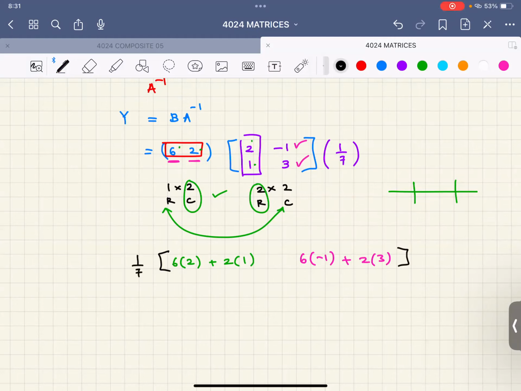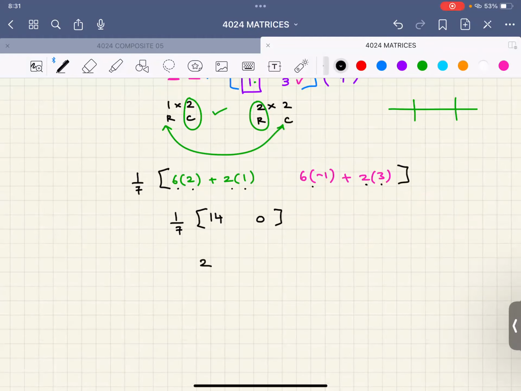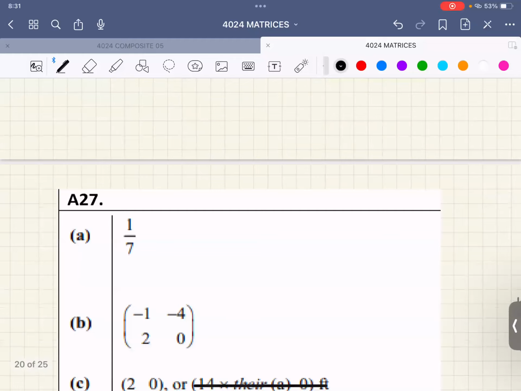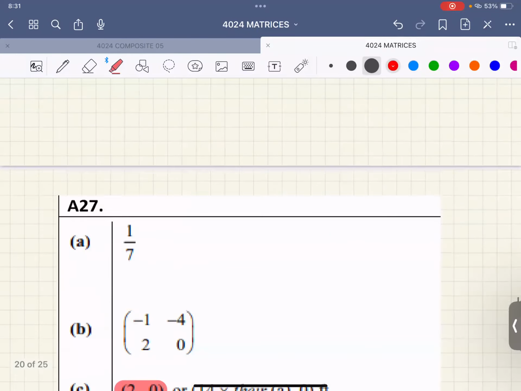I can write it at the front. 6 into 2 is 12, 12 plus 2 is 14. This is 14 and this is 6 minus 6, which is 0. It's 1 over 7, so 1/7 of 14 is 2 and 1/7 of 0 is 0. The answer is 2, 0. This is the matrix Y, and this is the answer that we are looking for.